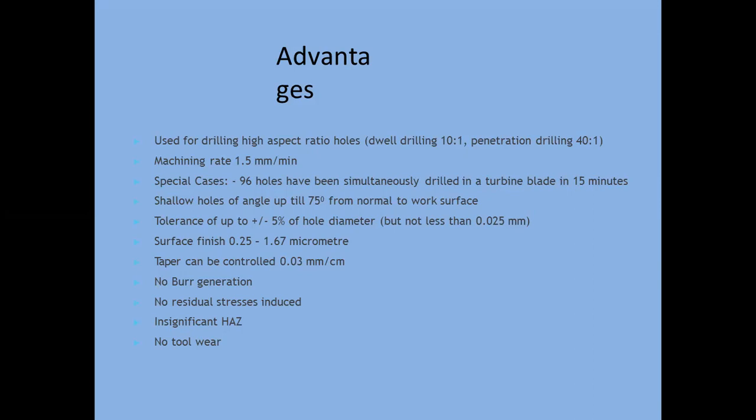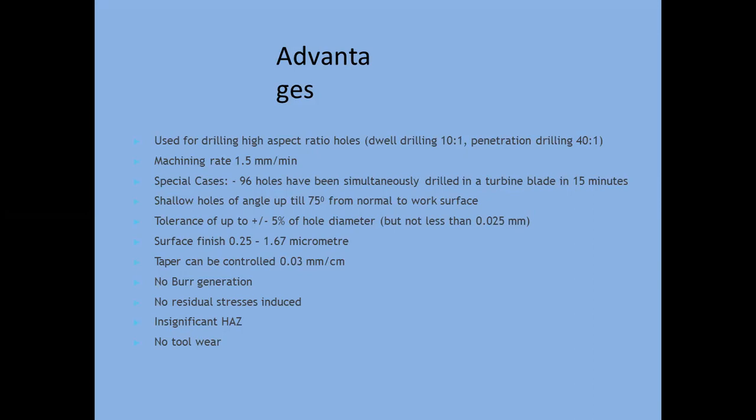Shallow holes at an angle up to 75 degrees from normal to the workpiece can be drilled, so tapered or angled holes can be drilled. Tolerance of up to plus or minus 5% of hole diameter, not less than 0.025 mm. Surface finish that we can attain will be 0.25 to 1.65 micrometer.